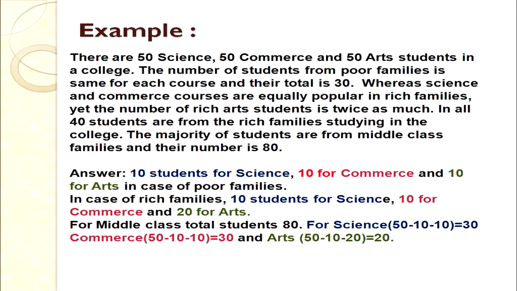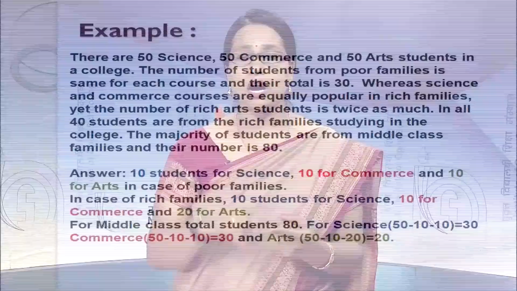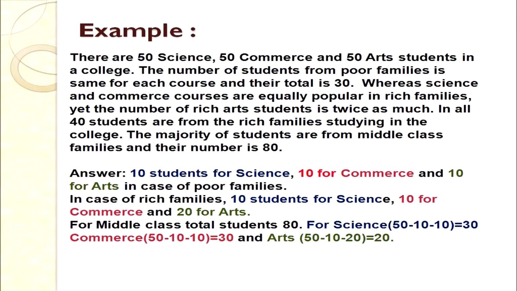Likewise, 50 minus 10 minus 10 gives 30 students for commerce. Now, for arts, 50 minus 10 minus 20 is equal to 20. Now, I have taken out the data and classified into similar groups, the first step.